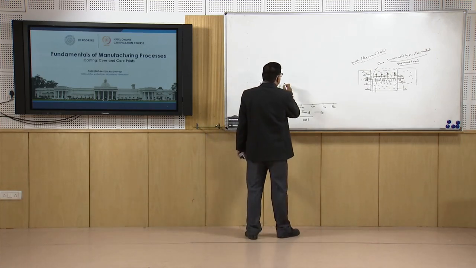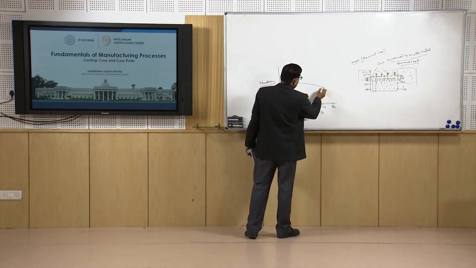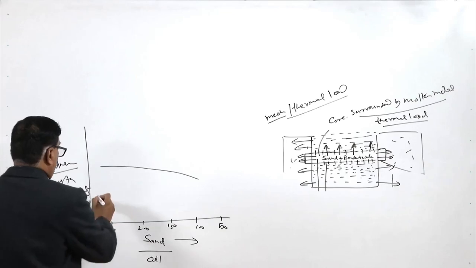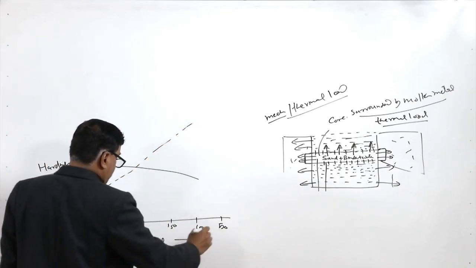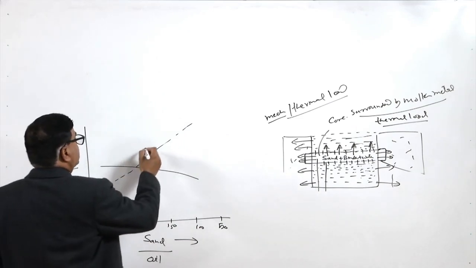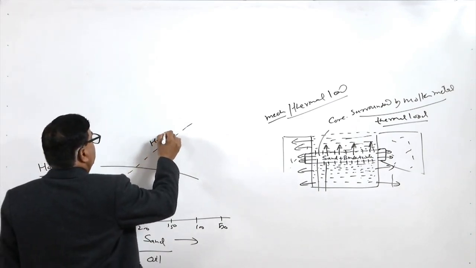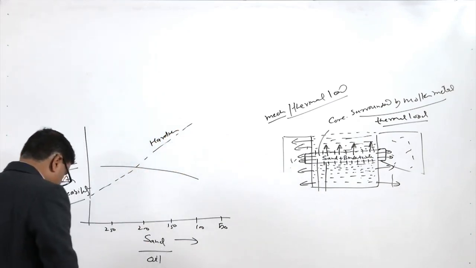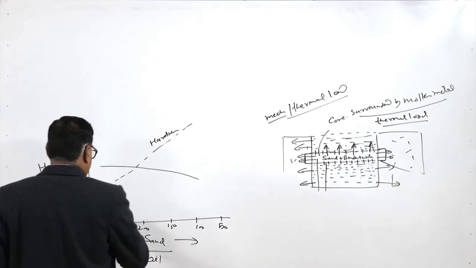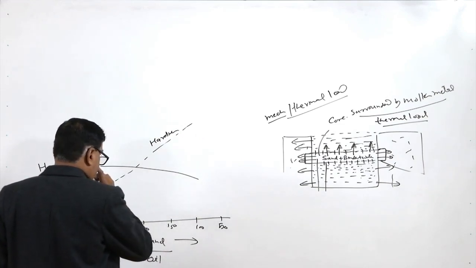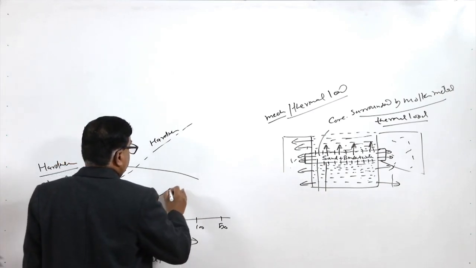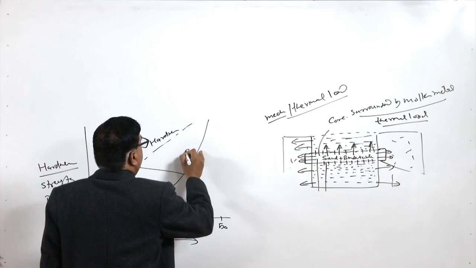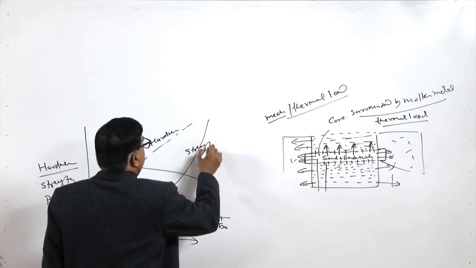So, there is a tendency for a little decrease in the porosity, while the hardness continuously increases with increasing concentration of the binder, and a similar trend is also observed for strength. It is not linear like the hardness, but there is a significant change in the strength.